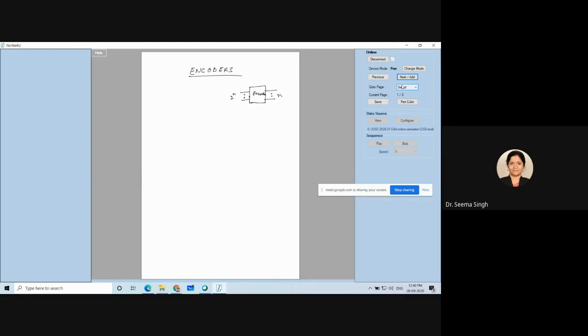Generally in decoder you had more output lines, but in encoder you will have more input lines than output lines. And as I already showed in the diagram, encoder has 2 to the power n input lines and n output lines. So it will always have output with only a single active bit, the way you used to have a single active bit input in decoder.